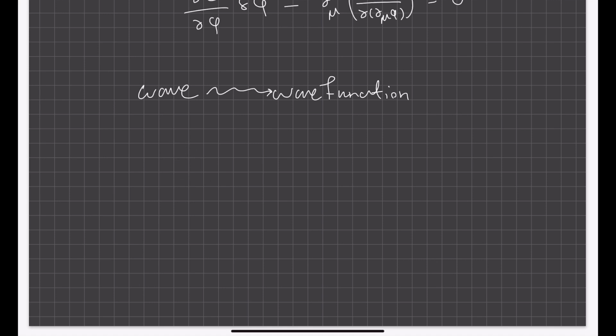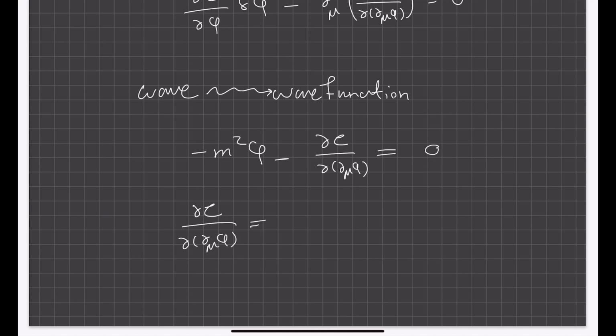So the first term here, I'm just writing down the equation of motion. The derivative of the field is minus m squared phi minus the derivative of the Lagrangian with respect to the derivative of the field equal to 0. So this term can be evaluated, and it could be the mu-th derivative of the phi.